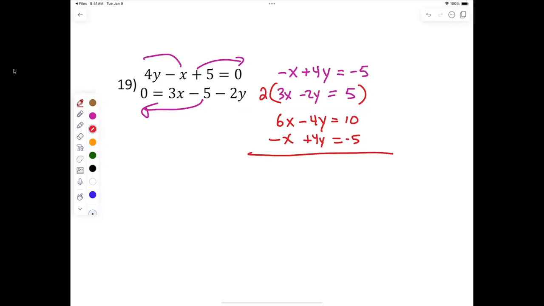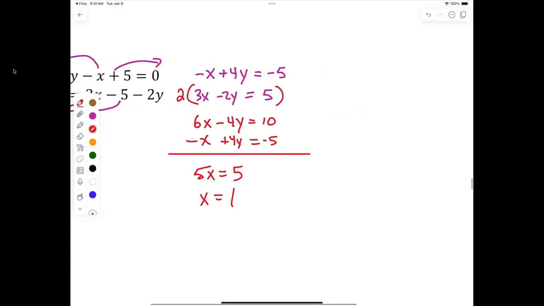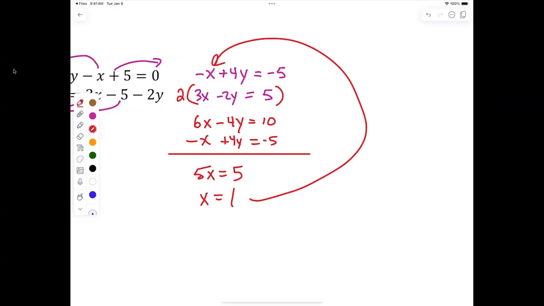And now I'm going to add. So, perfect. So I come up here, plug 1 in. Add 1.